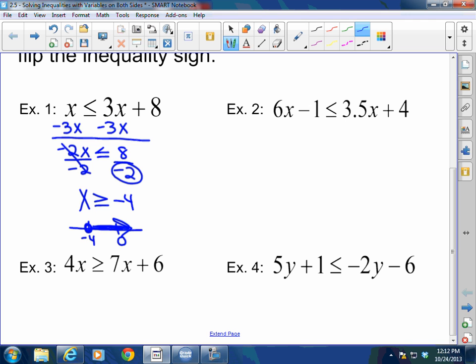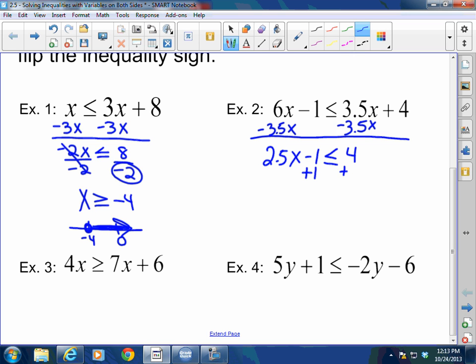Number 2, 6x minus 1 is less than or equal to 3.5x plus 4. I'm going to get the x's together on one side first, so I'm going to subtract 3.5x from both sides. For any of you wondering, can I subtract 6 from both sides? Sure you can. Me personally, I like to keep my variables positive, so that's why I do it this way. 6x minus 3.5x is 2.5x minus 1 less than or equal to 4.